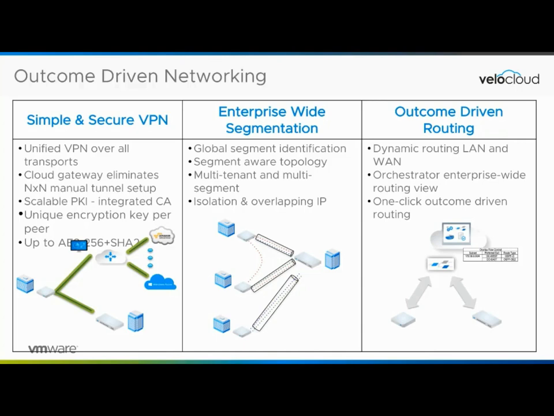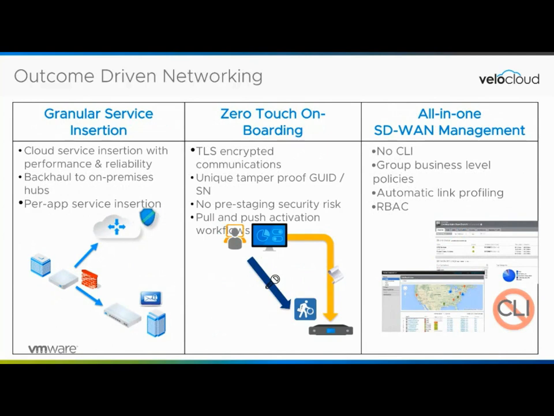Based on that simplistic orchestrator, you can define those outcomes. You can have different topologies for different segments. Similarly, for routing, there is a single unified view for the routing table for the entire SD-WAN network. I can change the preferences or the outcome from that overlay flow control single global routing table, and we can take a look at that.